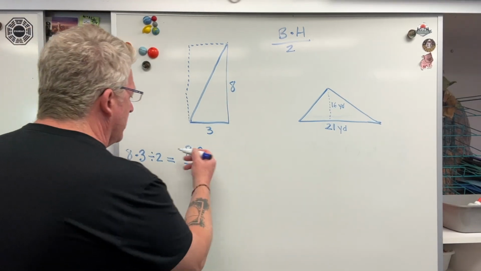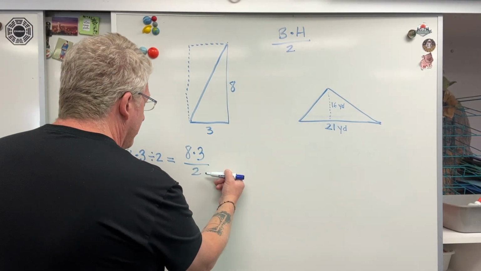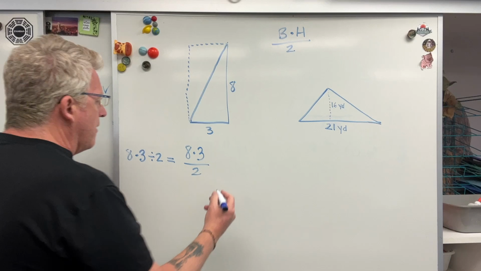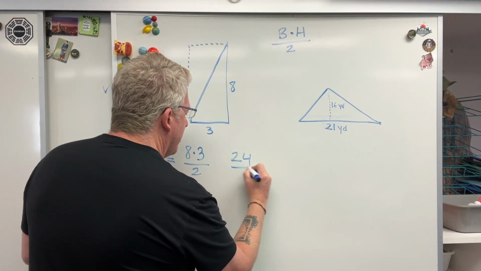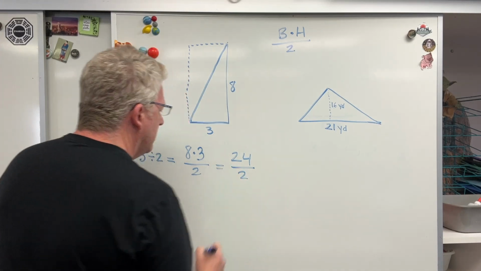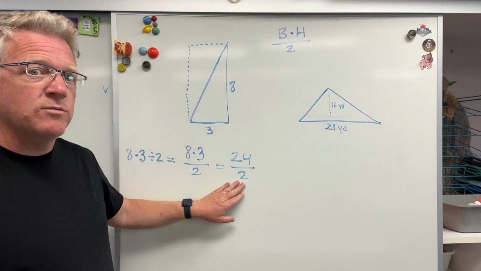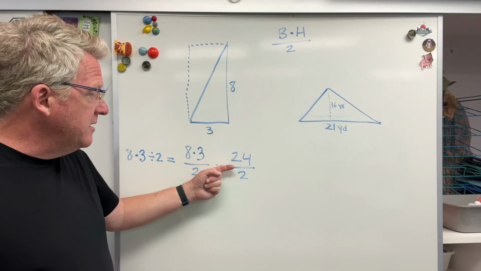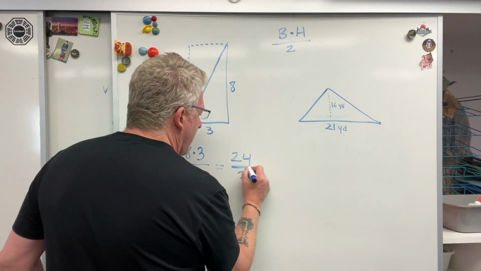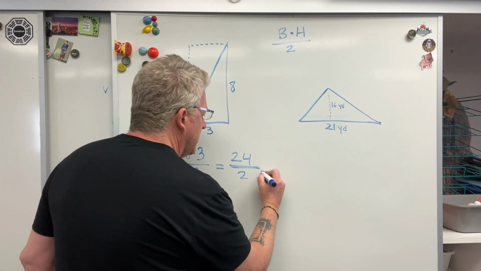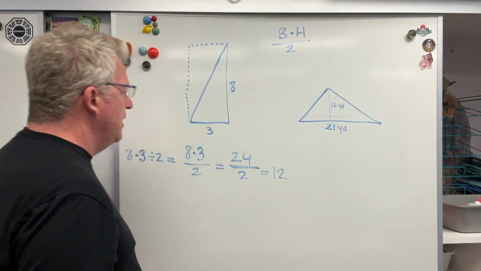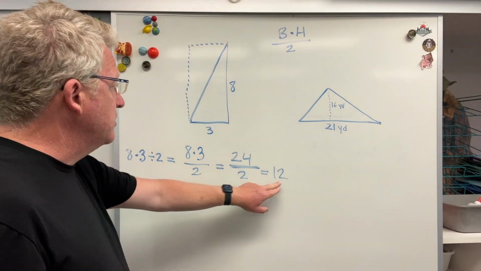Because remember that we multiply and then we divide, right? So 8 times 3 is 24 divided by 2, right? Remember, we've talked about how this fraction bar can mean divided by, right? Which equals 12. 24 divided by 2 equals 12.